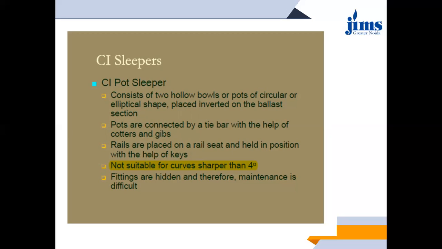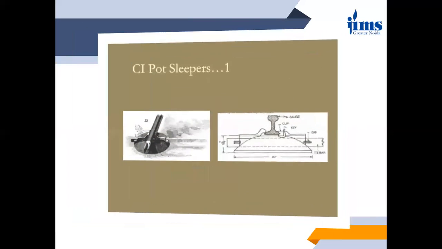But it has a disadvantage that these sleepers are not suitable for curves sharper than 4%. Also, fittings are hidden and therefore maintenance is quite difficult. So whenever we choose CI pot sleepers, we have to make sure that the curves are not sharper than 4%.